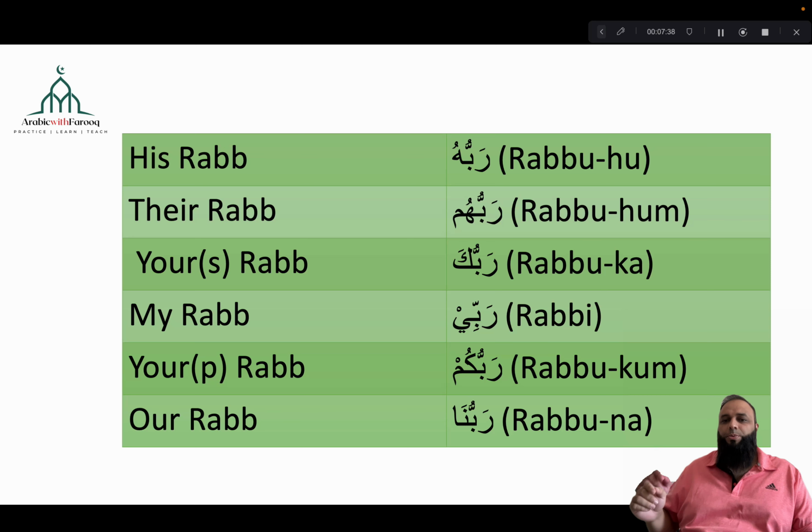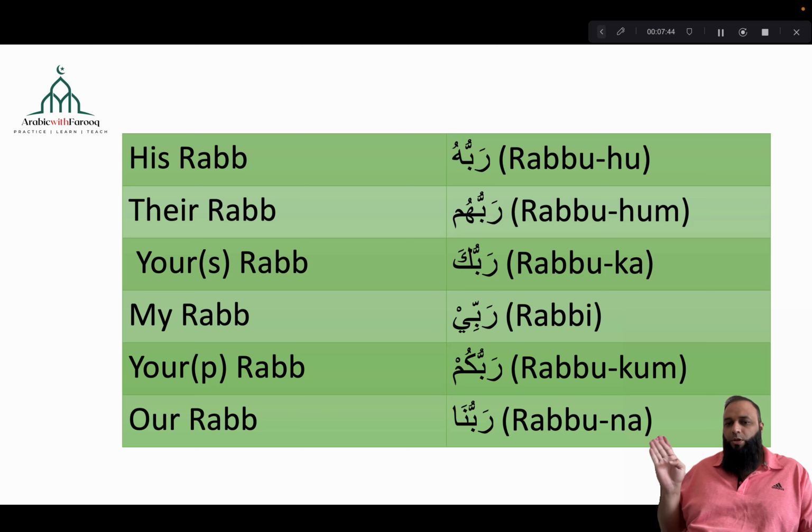The way you need to practice this is Rabbuhu, Rabbuhum, with 4 fingers, right? Then you would say Rabbuka. Rabbuka is your, in the single sense. And then Rabbi. Then you would say Rabbukum, your, when you have plural. Rabbuna, right? So that's how you would practice and learn this.